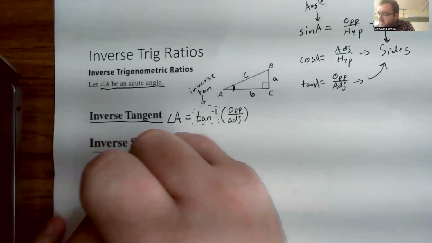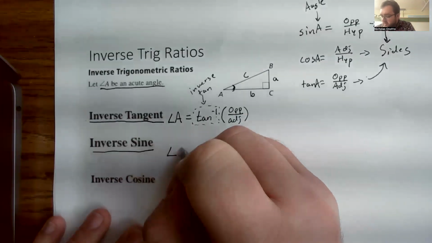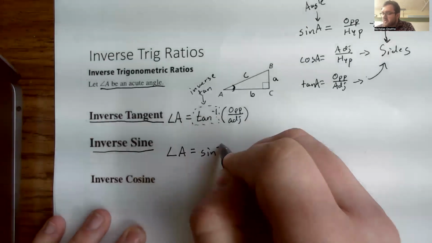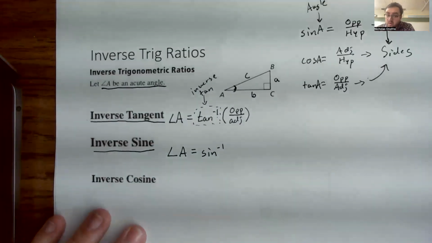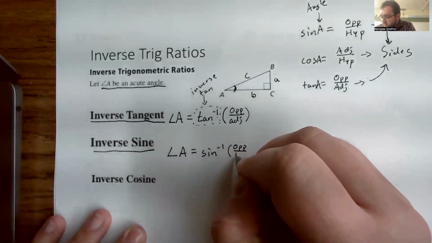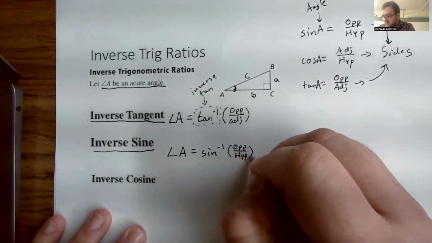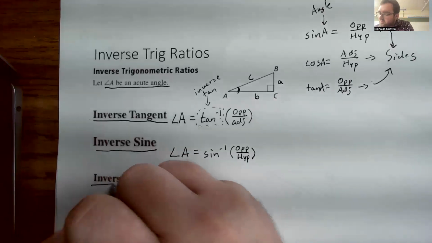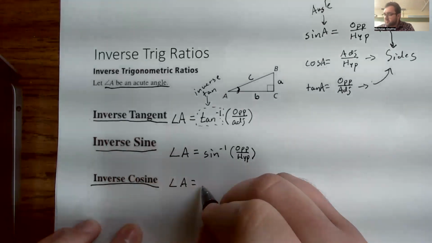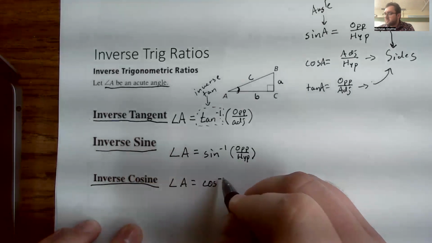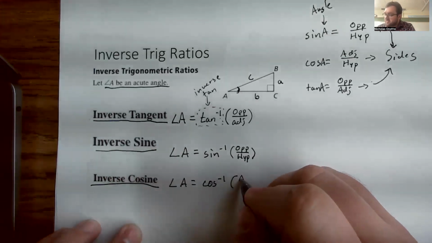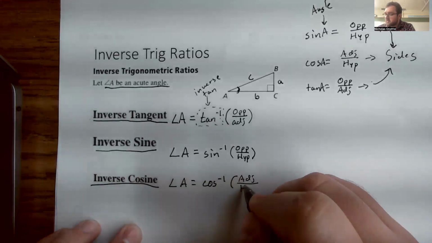For inverse sine, we could say angle A is equal to sine to the -1, or inverse sine, of opposite over hypotenuse. And for inverse cosine, angle A is equal to cos -1 of adjacent over hypotenuse.